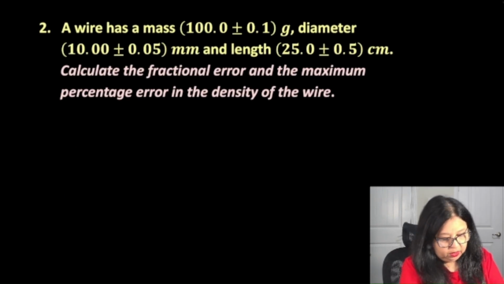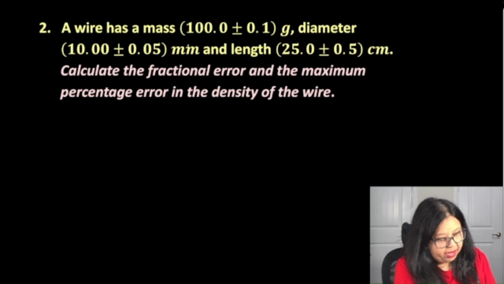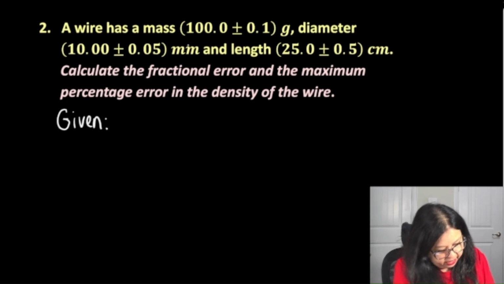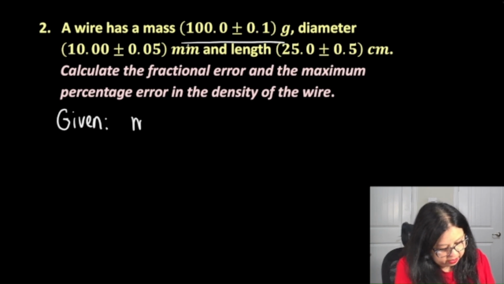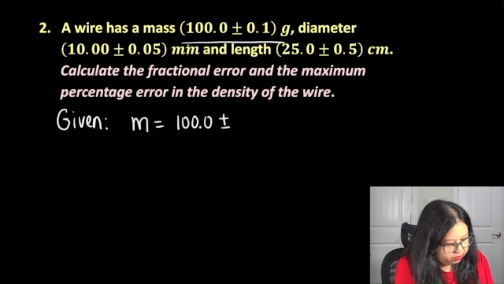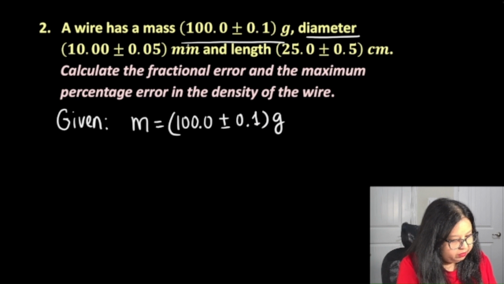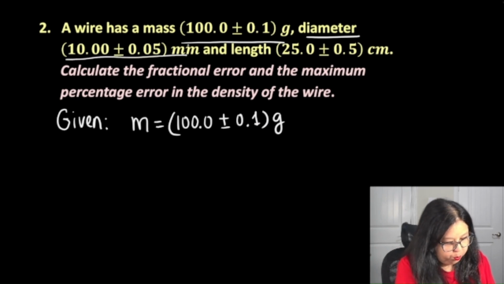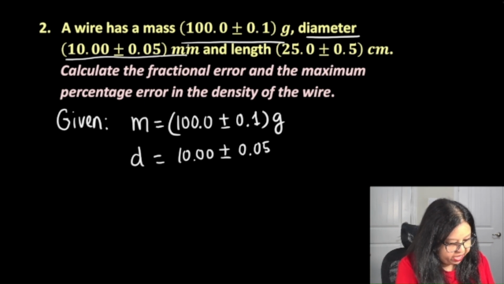Problem number 2. It says that a wire has a mass. So let's write down what's given to us. We're given that the wire has a mass m equal to 100.0 plus minus 0.1 grams. It has a diameter of 10.00 plus minus 0.05 millimeters.